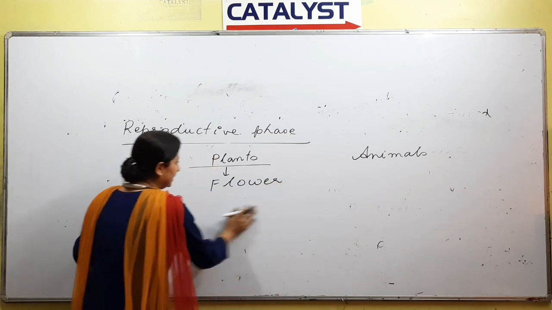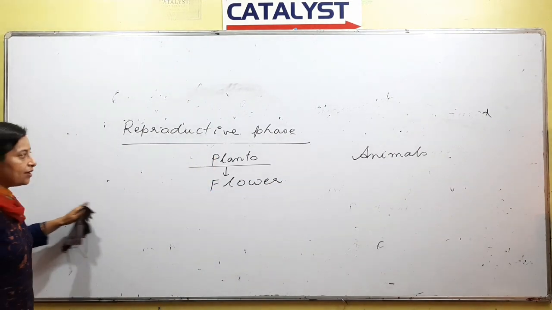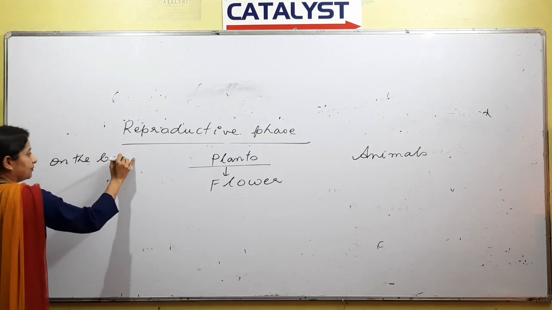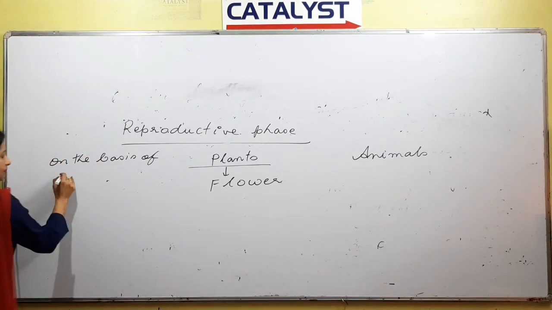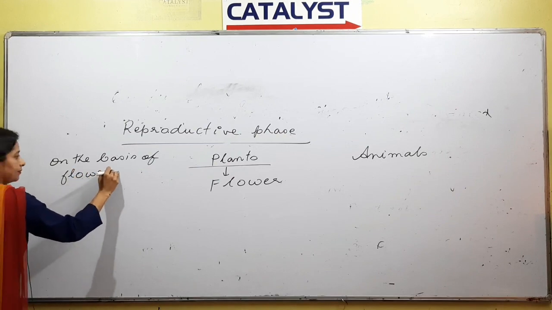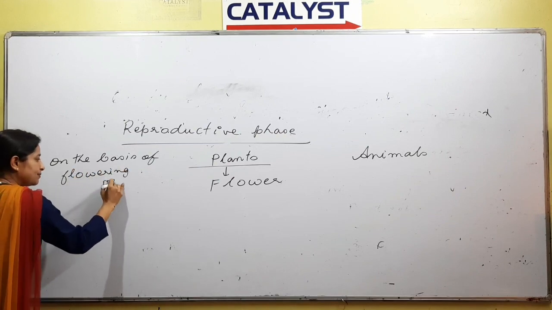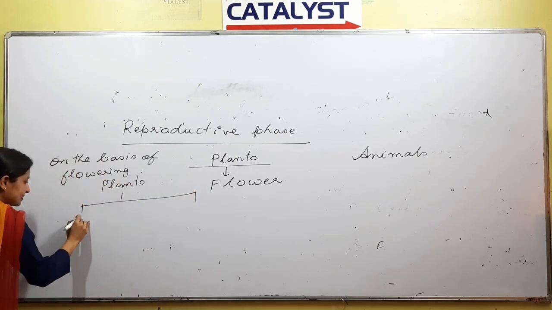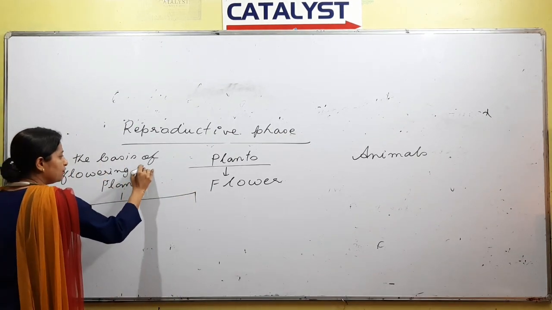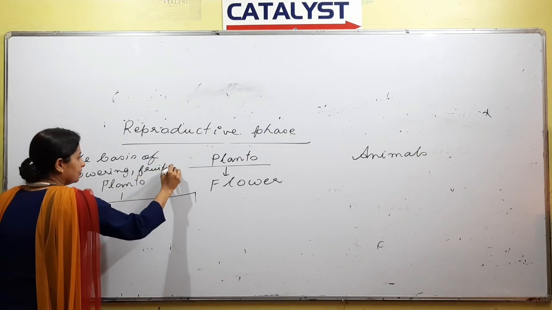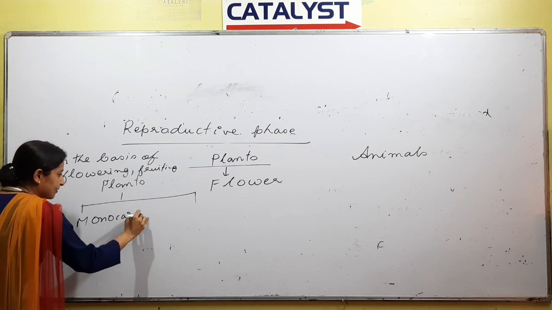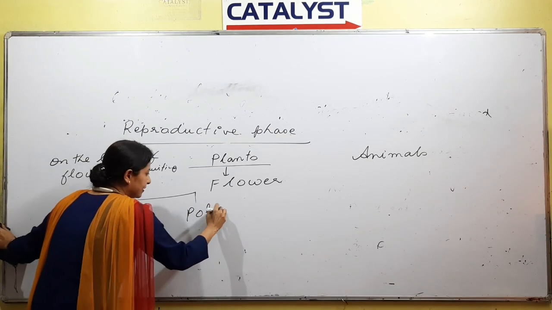On the basis of flowering, plants are divided into two terms, flowering and fruiting types: monocarpic and polycarpic. Remember.